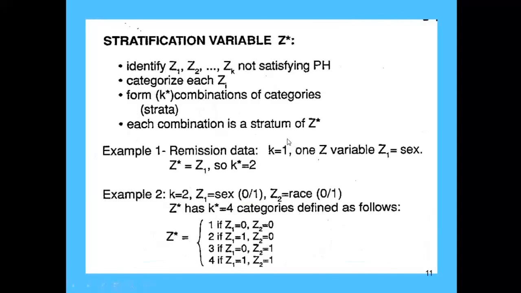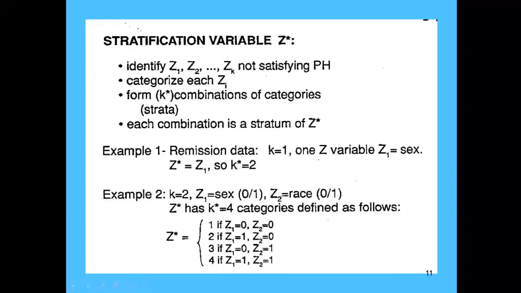Okay, so I already said the stratification variable, you might call it Z star. If you identify a whole bunch of variables that don't satisfy the assumption and you categorize each one of them and you get K star combinations, then this Z star variable in a way is a new categorical variable that involves K star different strata.